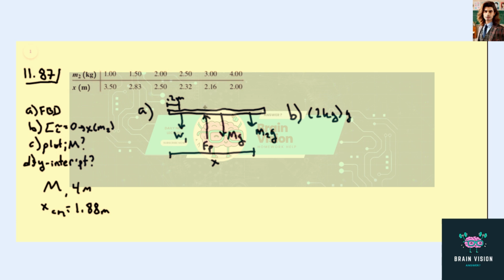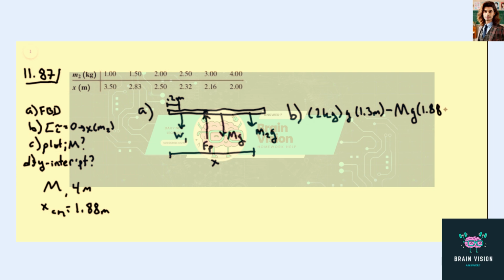For the axis we're using the pivot. This acts 1.3 meters from the pivot. We have the mass of the bar and the acceleration of gravity to make its weight.